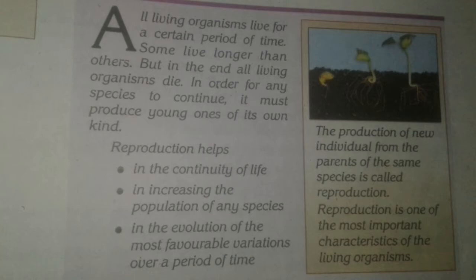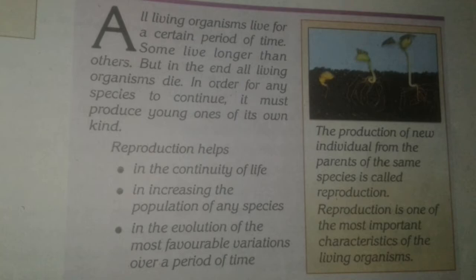Guys, once again I'm in front of you all with a new topic. We are discussing asexual reproduction, in which we have already studied budding, binary fission and spore formation. The topic for today is fragmentation and vegetative propagation.